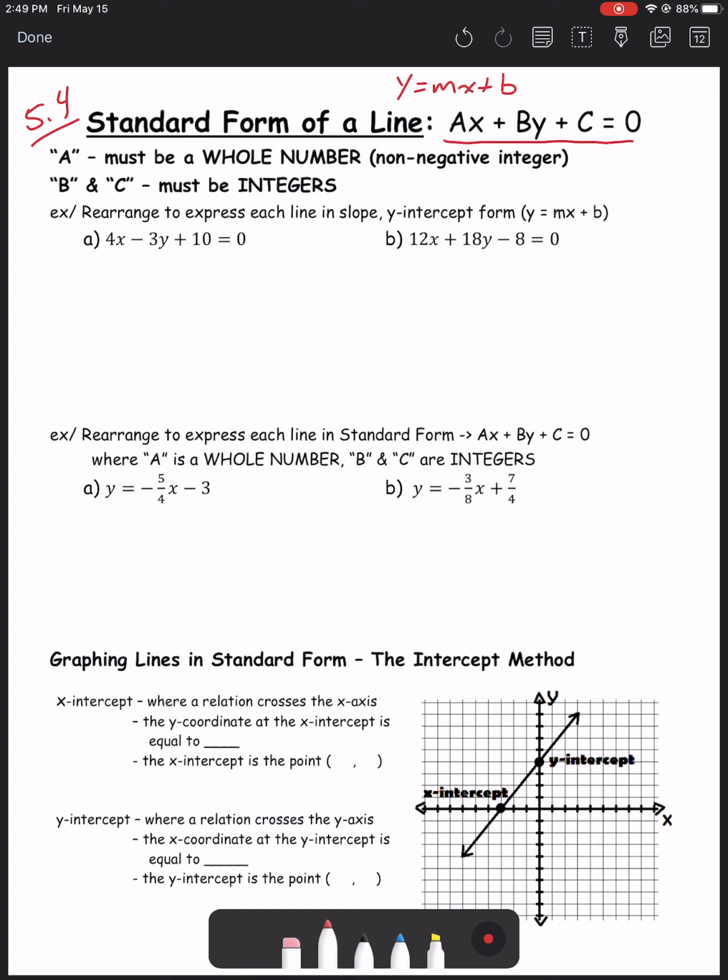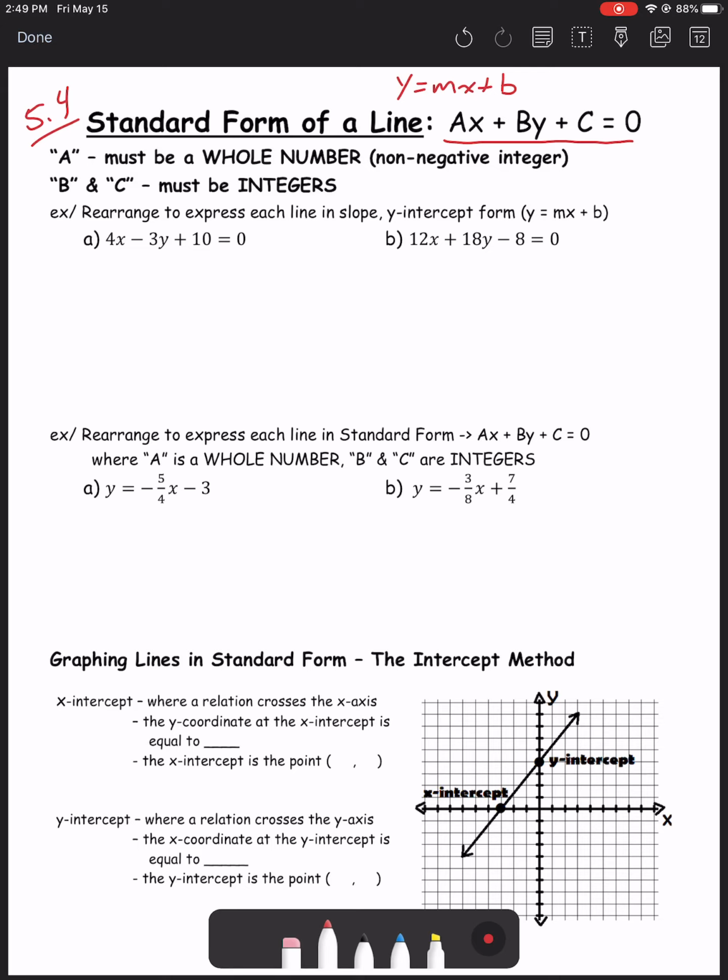Remember way back when we were doing those questions about dimes and nickels, or we were making some kind of trail mix with nuts and raisins, or there was one about hockey skates and figure skates. We were making equations in two variables, but they didn't look like y equals mx plus b.